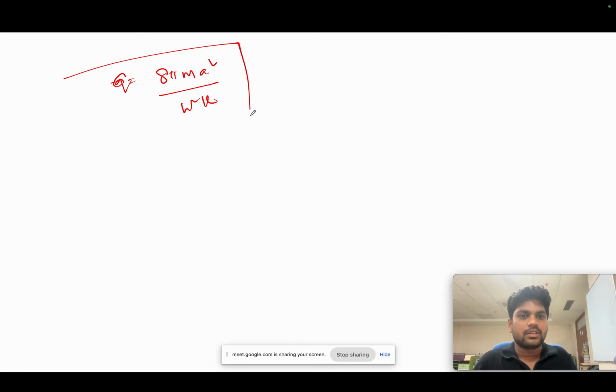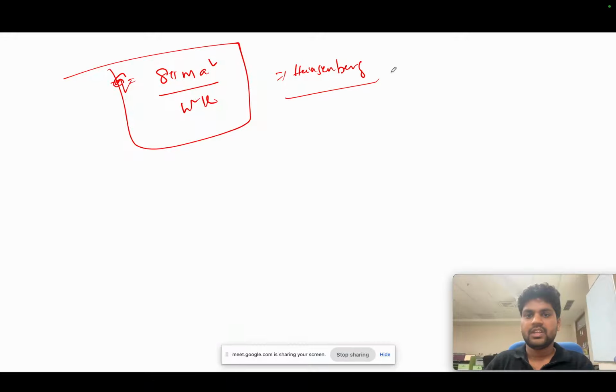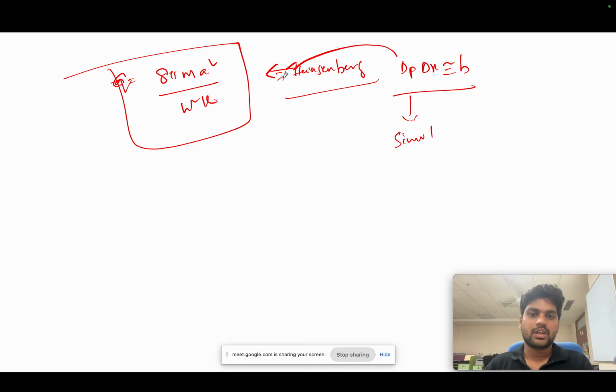This comes from the Schrodinger equation, because the Schrodinger equation basically arises from the Heisenberg uncertainty principle, which says we can't calculate simultaneously the momentum and the position of the system. So from there he converted this to the Schrodinger function, and then we obtained the value.